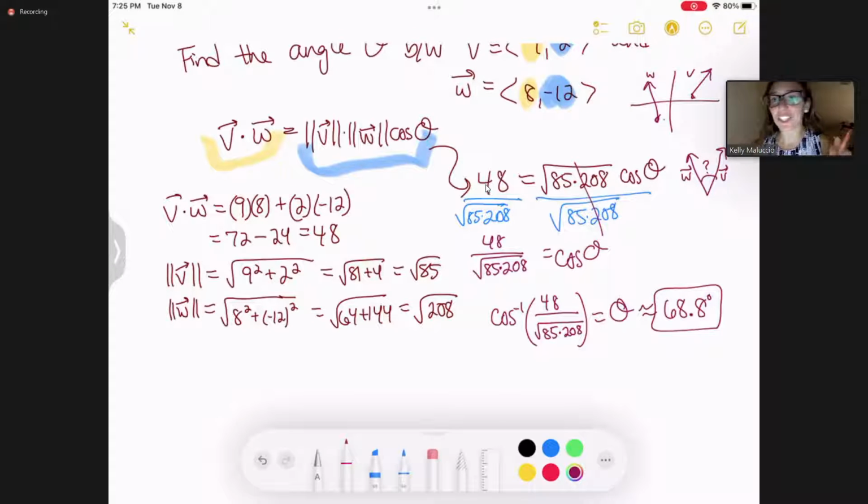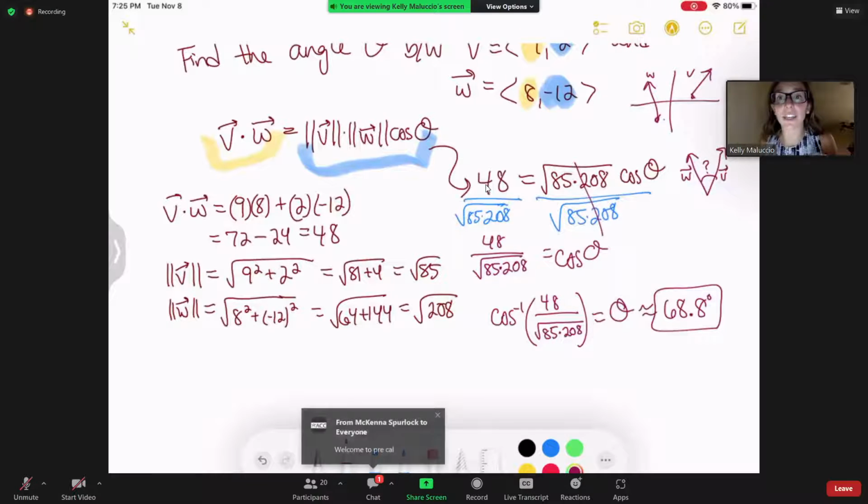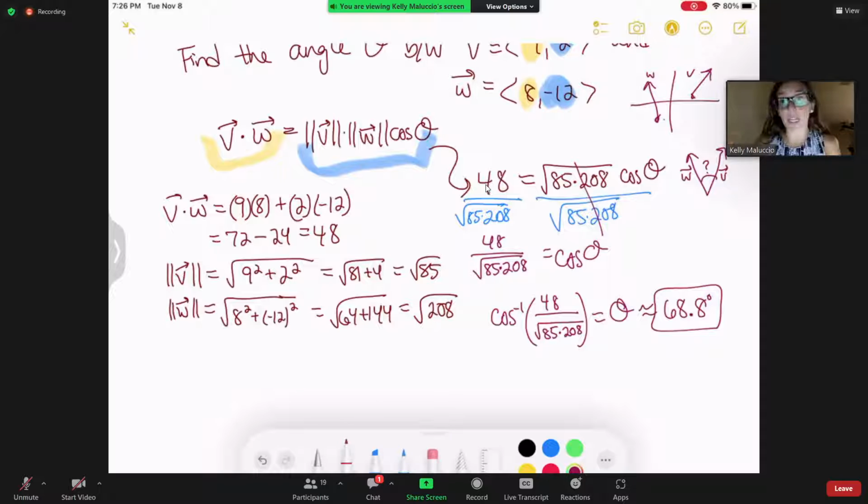And if there's a chat going on, it is everything we covered and discussed today and nothing more. Feel free to ask. That's the other thing. McKenna, good point. The other thing about pre-calc is there's so much going on, right?